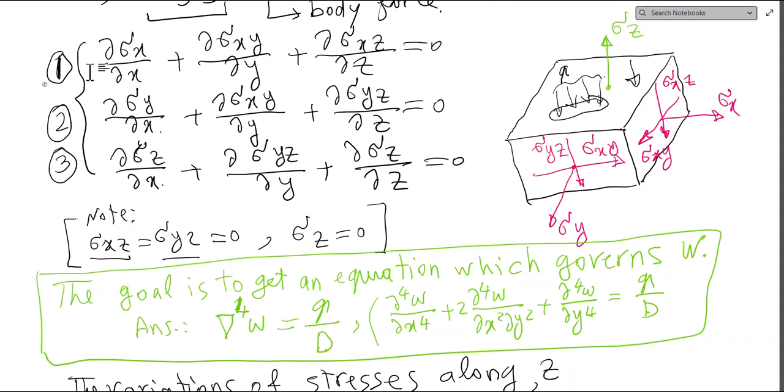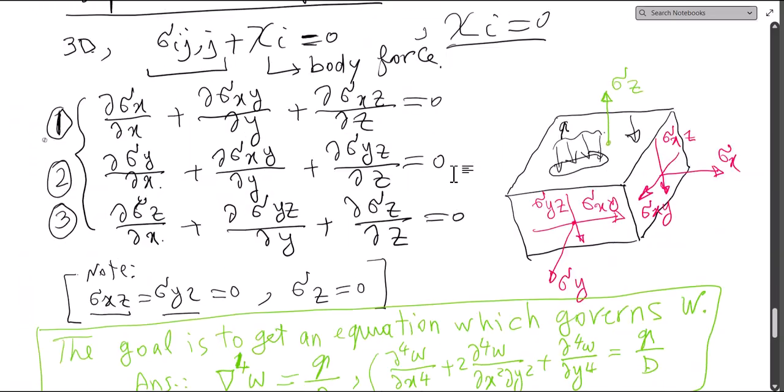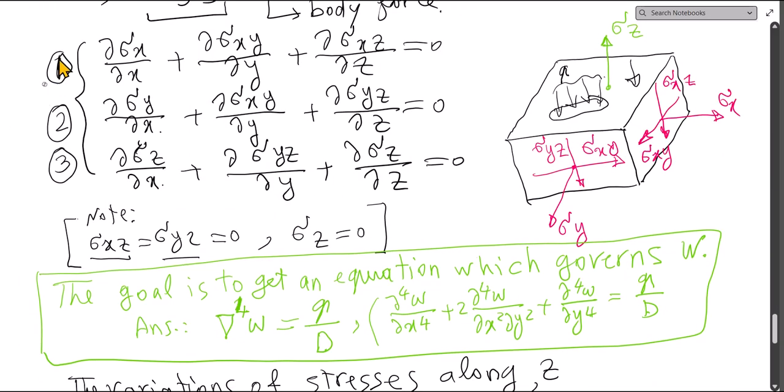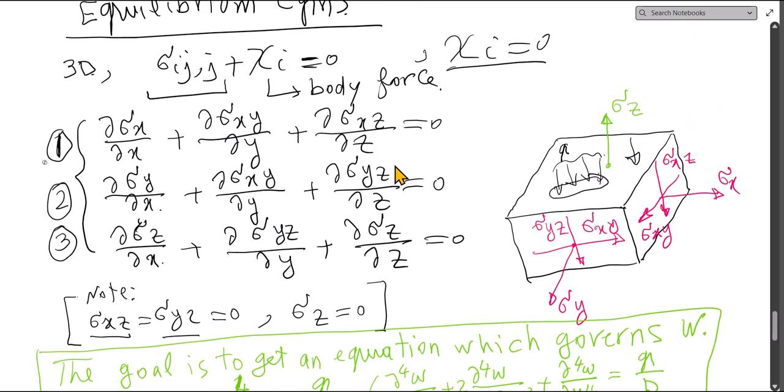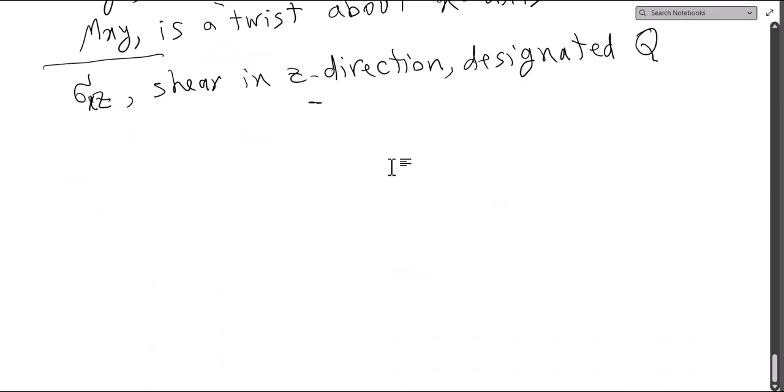Okay, so let's number these equation 1, 2, 3. Maybe I don't think I numbered any equation before, so we should be good. So 1, 2, 3. So when I say 1, I mean this one and so on. So this is the x component, y component, and z component of the equilibrium equation. And then I come and do some operation.